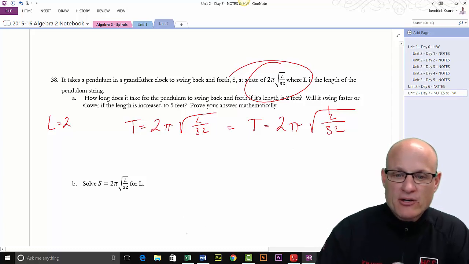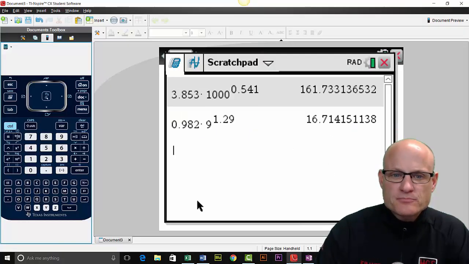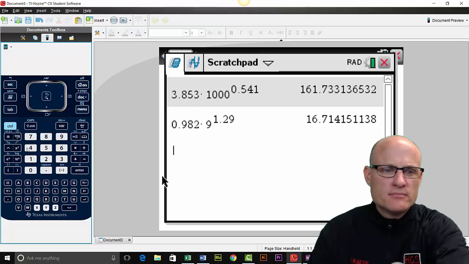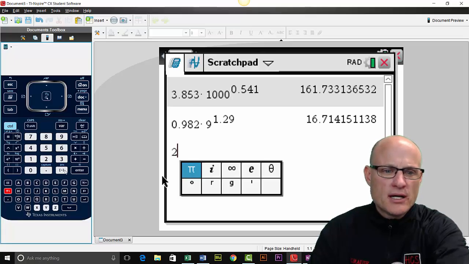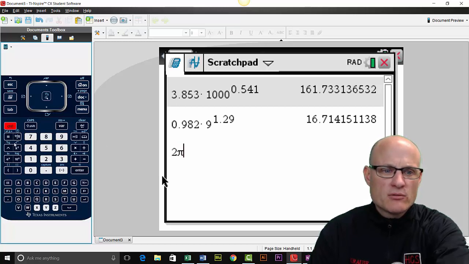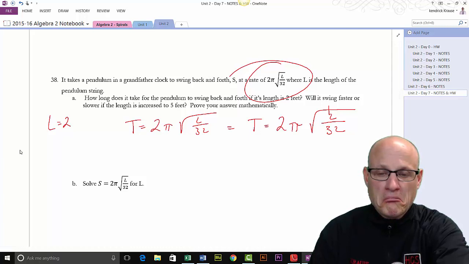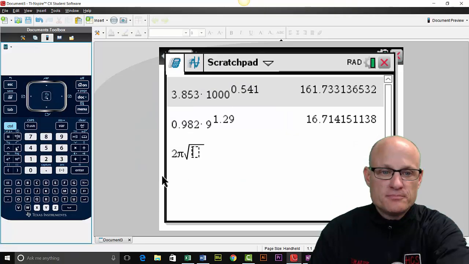So I'm just going to do that on my calculator. 2 pi times the square root of 2 divided by 32.